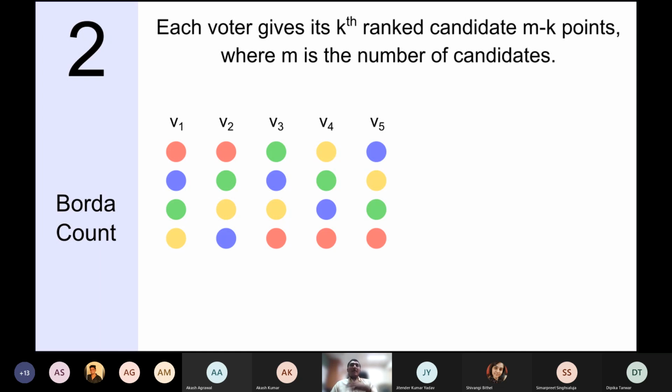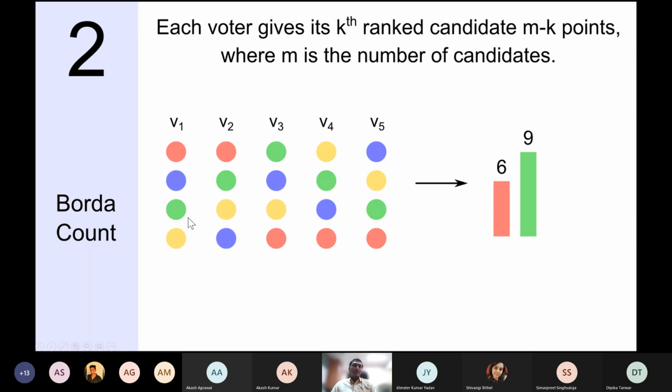We are going to add all these points up from all the voters, and the candidate with the highest number of points is going to win. So let's see what Borda does on this example. Let's look at how many points red gets. It gets 3 points from V1, 3 from V2, and nothing from the other voters. So a total of 6 points.